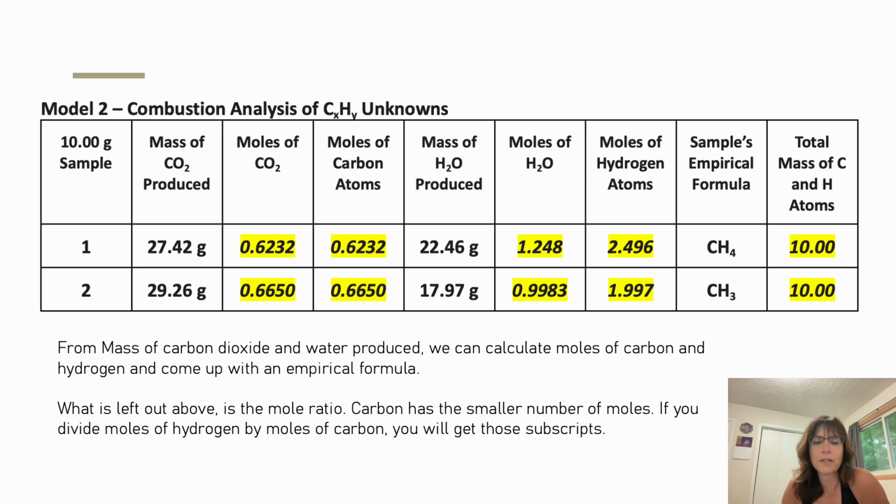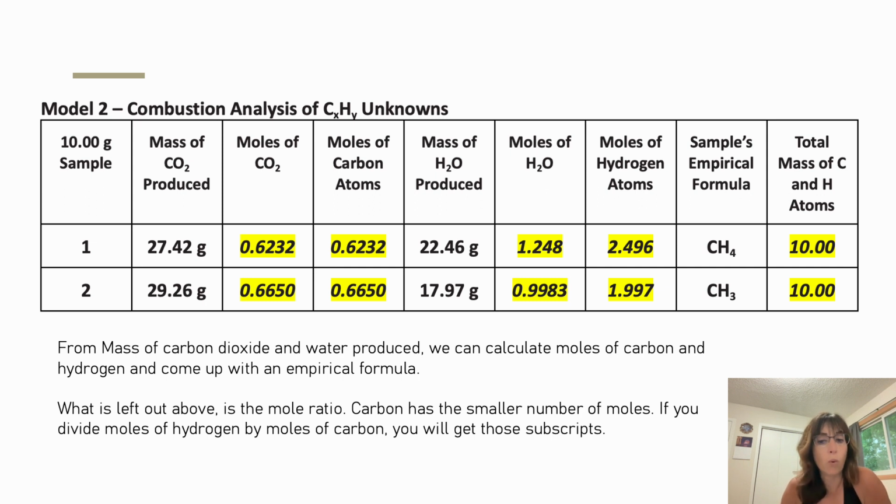So how did they get the empirical formula? So where's the magic? Well, here it is. If you take the mass of the CO2, you can turn that into moles of CO2. You all know how to do that. That's pretty basic. Well, how did I get moles of carbon? Can't you take moles of CO2 and turn it into moles of carbon? If you look at the formula for CO2, every CO2 has 1 carbon.